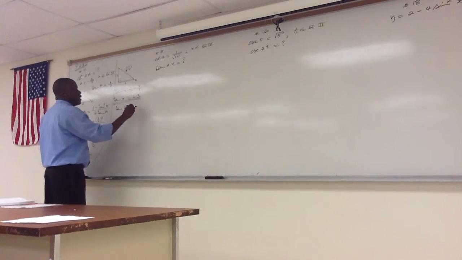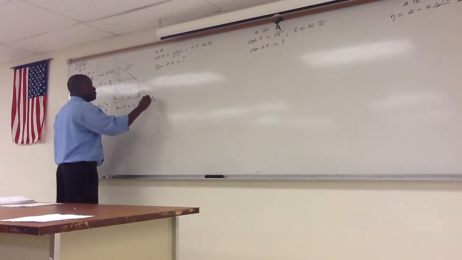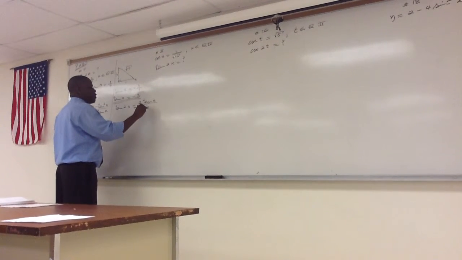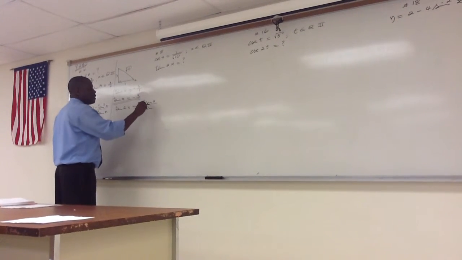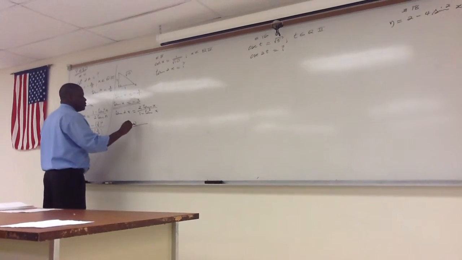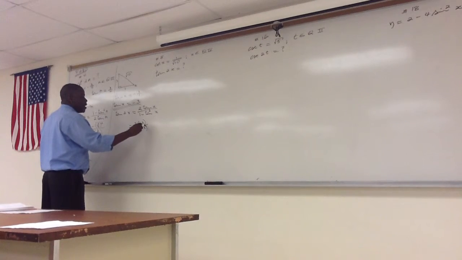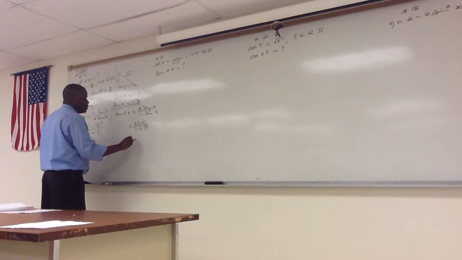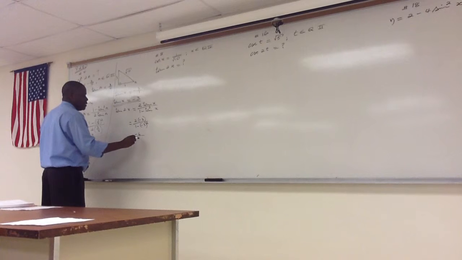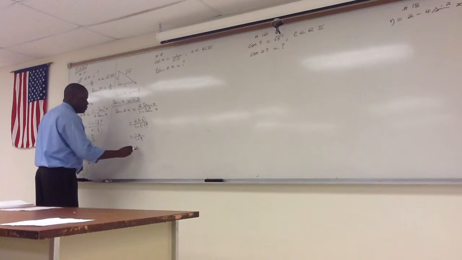Then we can answer the question at this point. Tangent of 2x is 2 times tangent of x over 1 minus tangent square of x. So that mess is 2 times -3 over 1 minus -3 squared, which is -6 over 1 minus 9. This is -6 over -8.